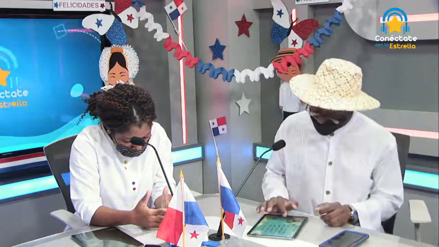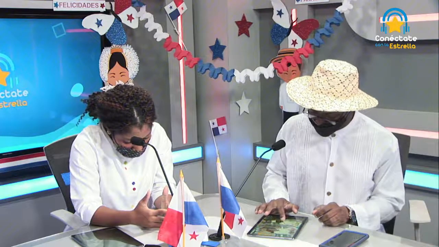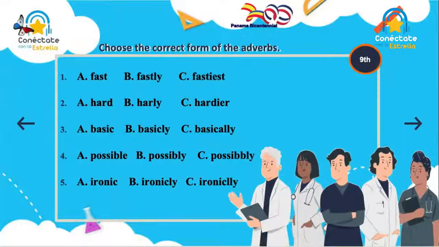It's not necessary that you add ly. So in number 1, which one is the adverb? Letter A, letter B, or letter C? I would say letter B. Okay, so you say I go fast, or I go fastly. But I don't want to give you the answer. I wanted to see if someone can give the answer.